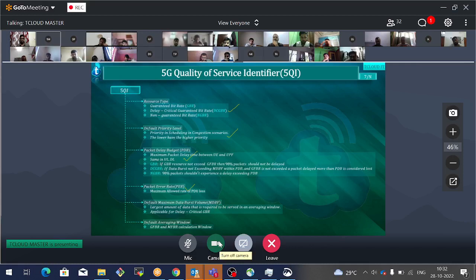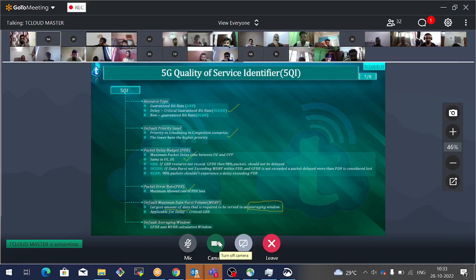But in delay critical scenarios, you are allowed to send bursty traffic. Whenever you want to suddenly send the data, you are allowed to send it. But how much of that sudden data burst can be sent in an average window time, in some limited time unit? That's already identified.